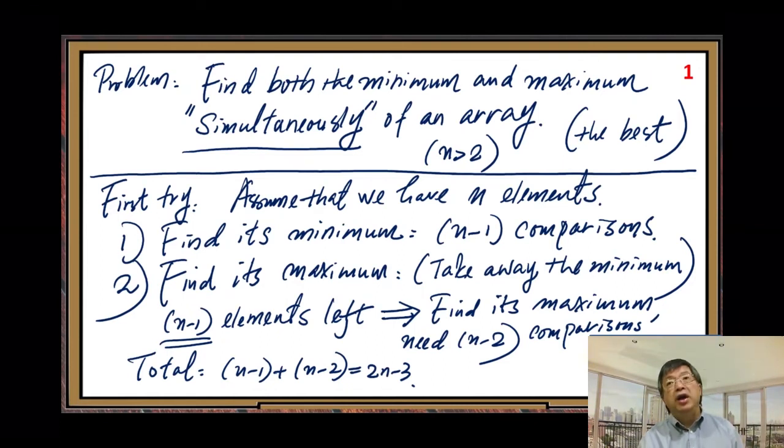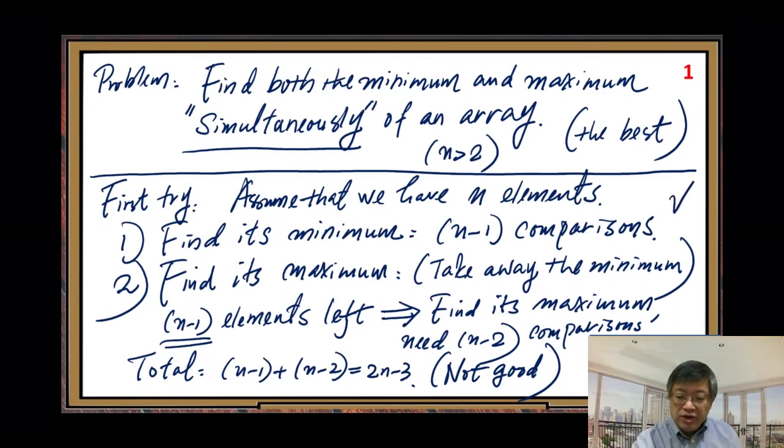Here I'd like to tell you, this solution is not good. Why not a good solution? The reason is very simple. Look at here. In the first step, you use n minus 1 comparisons to find the minimum. You spend a lot of comparisons, so you're supposed to get a lot of information.